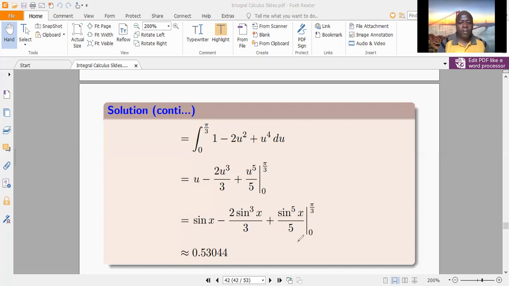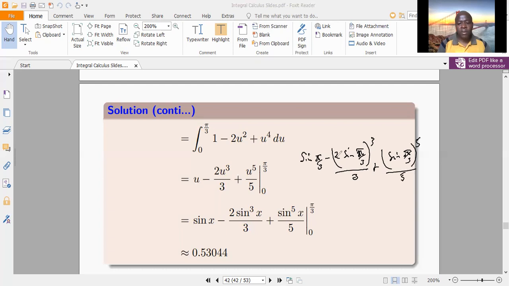The answer that you get when you substitute the lower limit is subtracted from the one that you get when you substitute the upper limit. So what I'm talking about is this, that we have sine. When I substitute the upper limit, I would have sine pi over 3 minus 2 sine pi over 3 cubed divided by 3, then plus sine pi over 3 raised to 5, and then divided by 5.